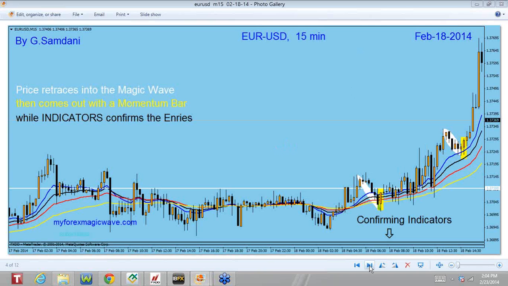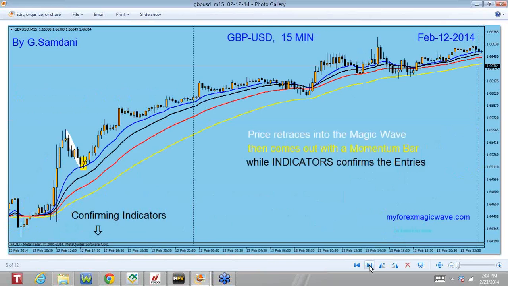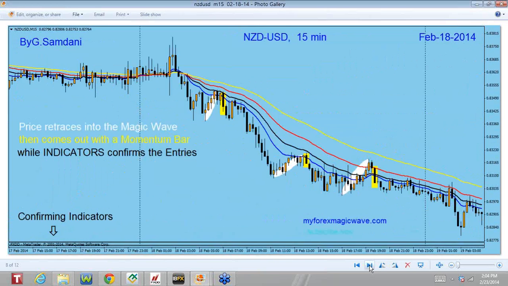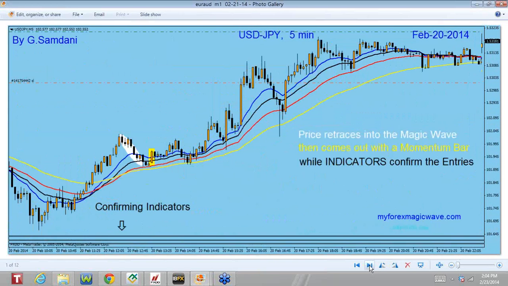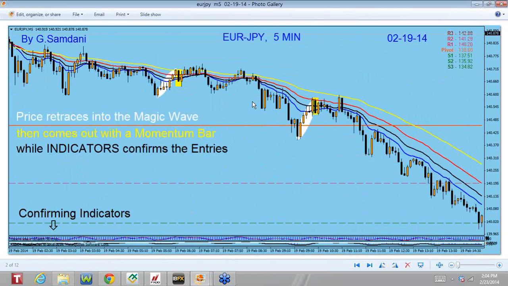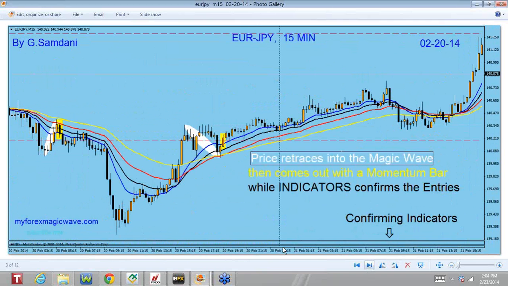So this is it. What else do we have here? Pound I already showed you. EUR-USD, all of these charts I showed you already. So this is the new wave, this new magic wave. This is how it looks. It turns like here. See, it is all aligned below the yellow line, nice and clean, open up. But when it goes this far, this is what I'm trying to put in my EA right now.